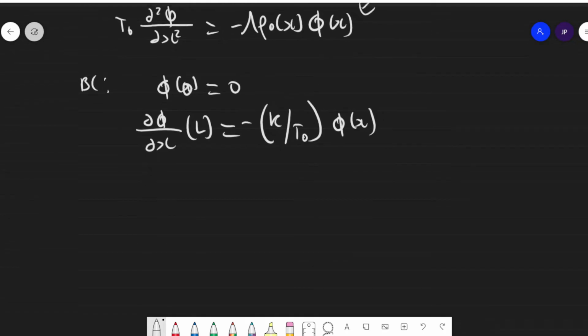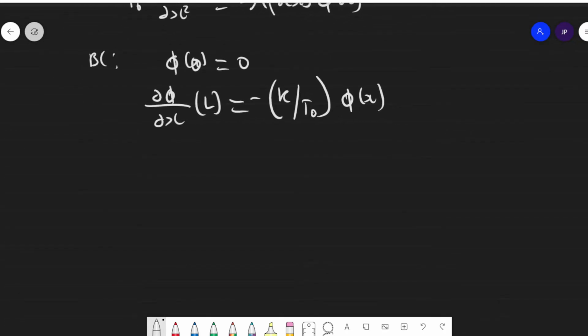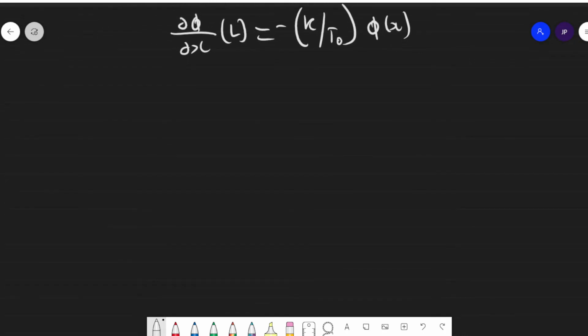The other one, we have to solve this, but before we can really solve it, we need a little bit more info on lambda. So we know that if lambda is equal to some positive constant, then we will have oscillating solutions because we've chosen minus lambda as the separating constant. If I were to substitute lambda as a negative constant, then I'll end up with exponential solutions.